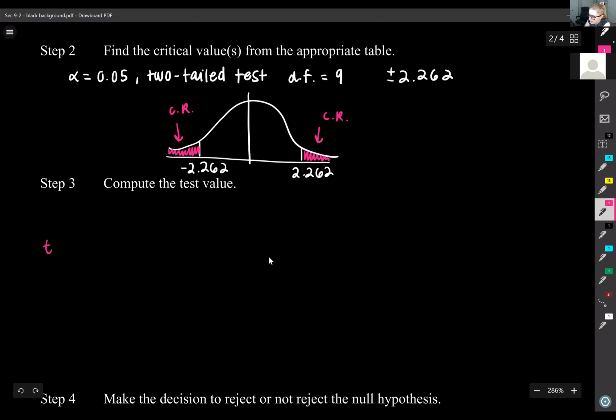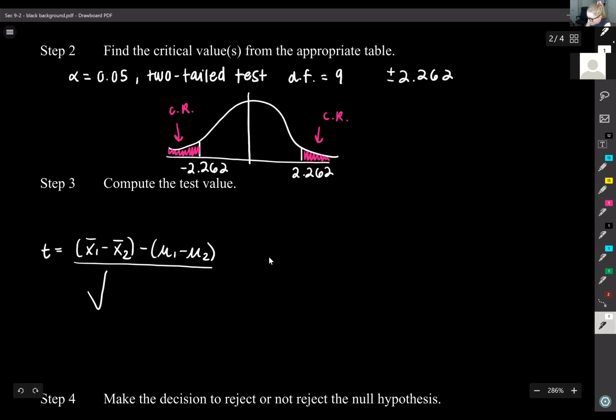And this is t equals x1 bar minus x2 bar minus mu1 minus mu2 over the square root of s1 squared over n1 plus s2 squared over n2. All right, so let's fill some things in here.